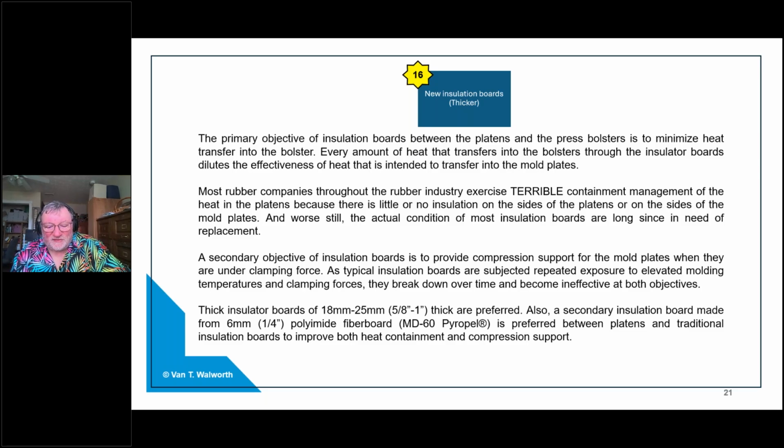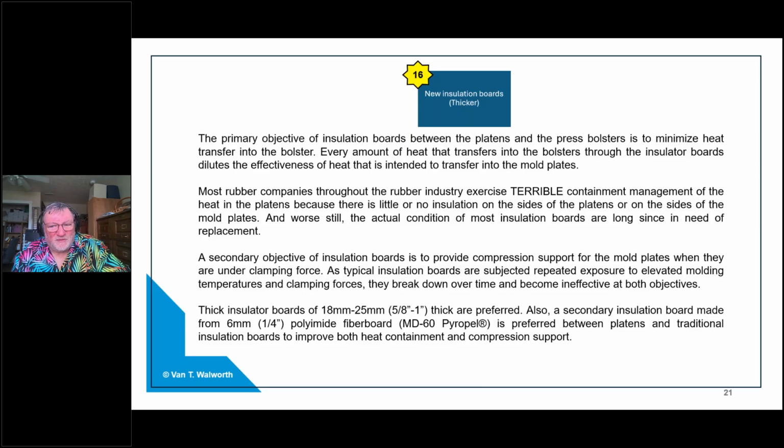And I'll ask a process engineer or a maintenance person, how long have you been here at the company? Well, I've been here for 10 years. Have you ever replaced these insulator boards? No, we haven't. Well, according to the people that supply insulator boards, they might say that you need to replace insulator boards once a year or at least every 2 years, which is convenient for them because they sell insulator boards.